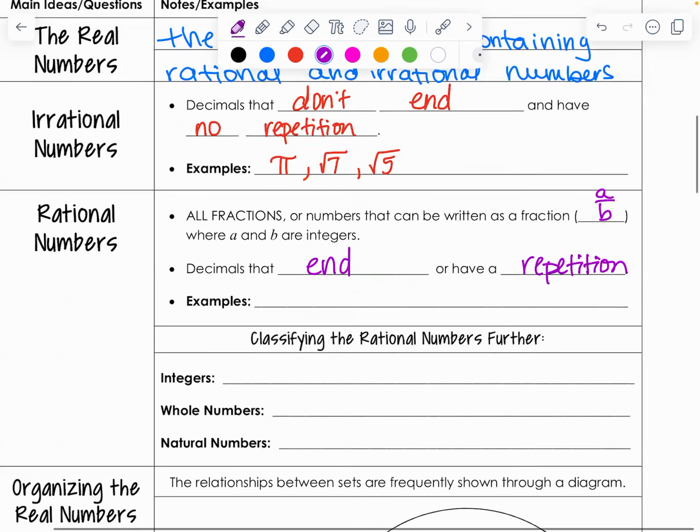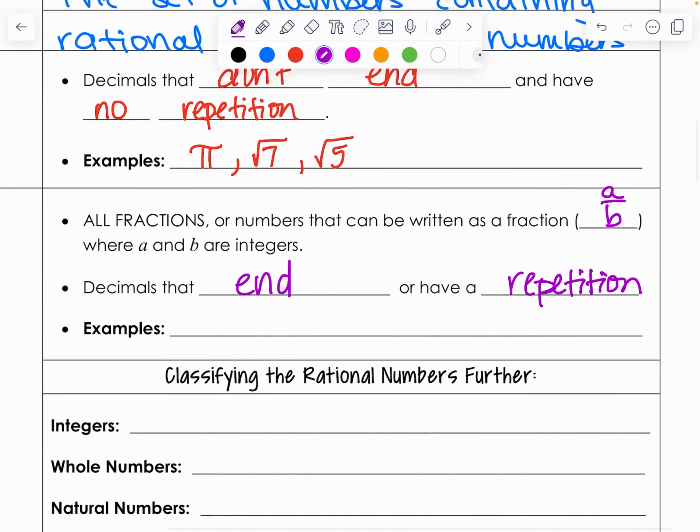So examples of rational numbers. Anything that's a fraction. 2/3 is a great fraction. A decimal that ends, 1.75. That is a rational number.